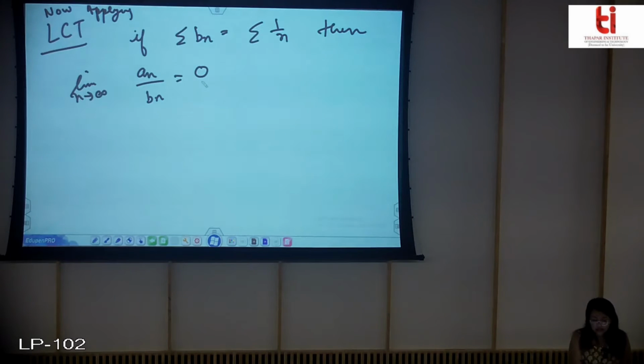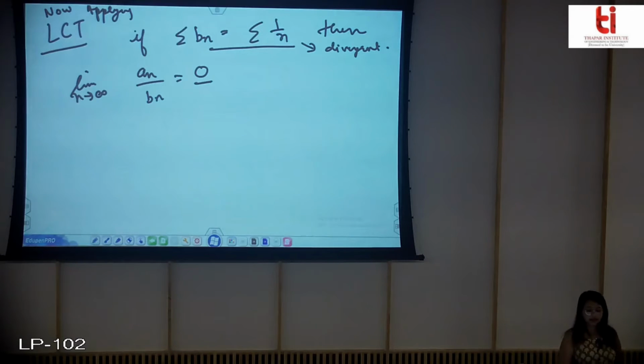Now see again that this limit is 0 and this is divergent. So you do not get any valid result by the limit comparison test. It does not fall in any case. So the limit comparison test did not work over here. So I'll mark that it's not working.